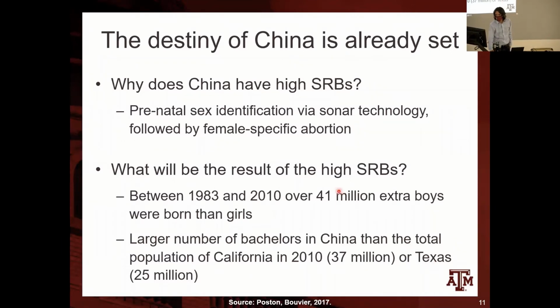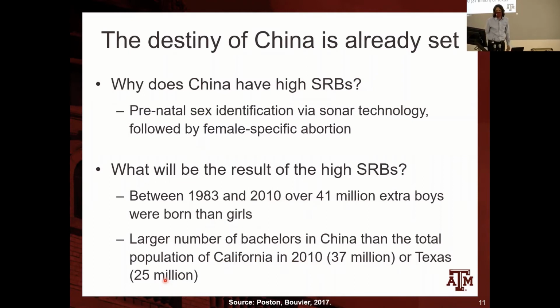What will be the result of the high sex ratios at birth? Between 1983 and 2010, over 41 million extra boys were born than girls. There's a larger number of bachelors in China than the total population of California and the total population of Texas.